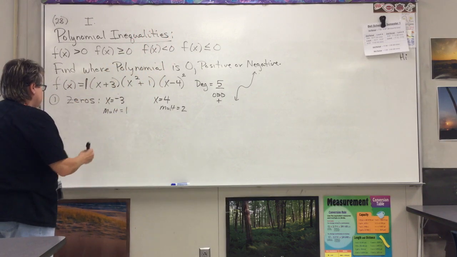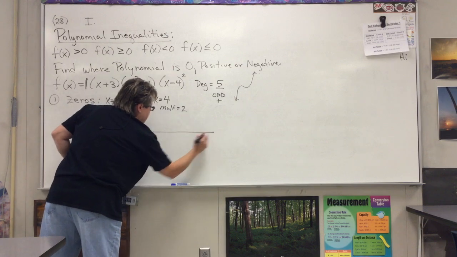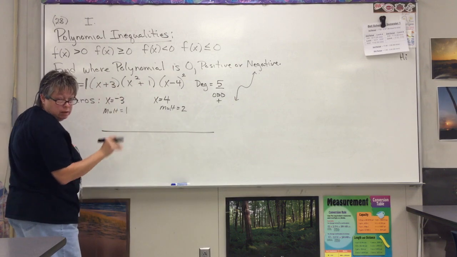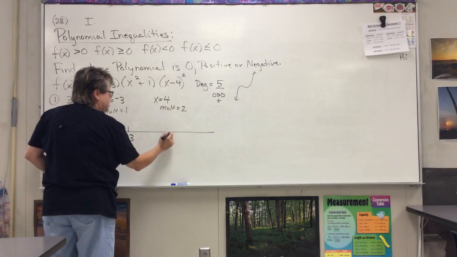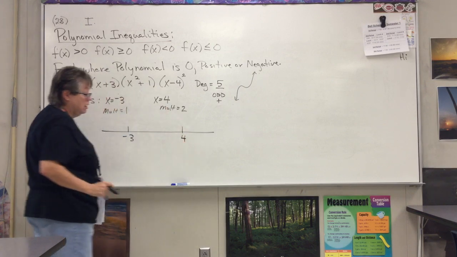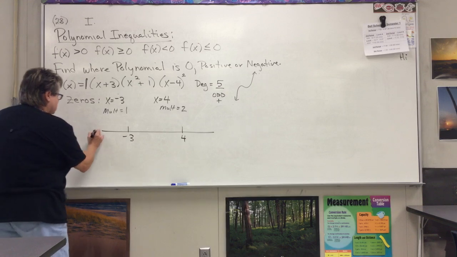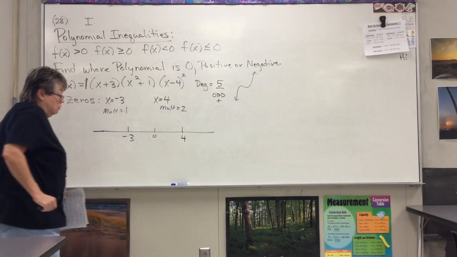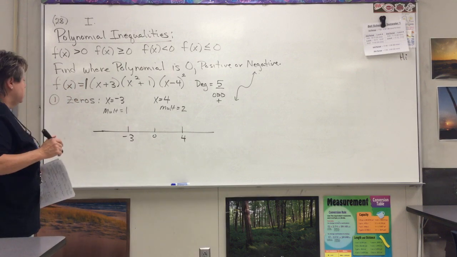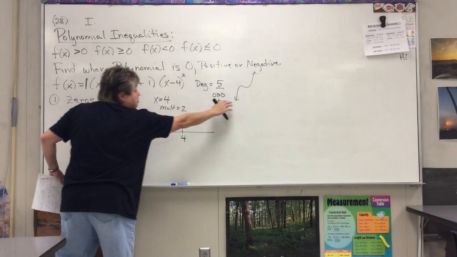So let's take a look here. If we think about a number line, I'm sorry, not our graph, we have a zero at negative 3 and a zero at 4. I'm just sketching this off a number line real quick. What we know is that we have a basic shape like this.